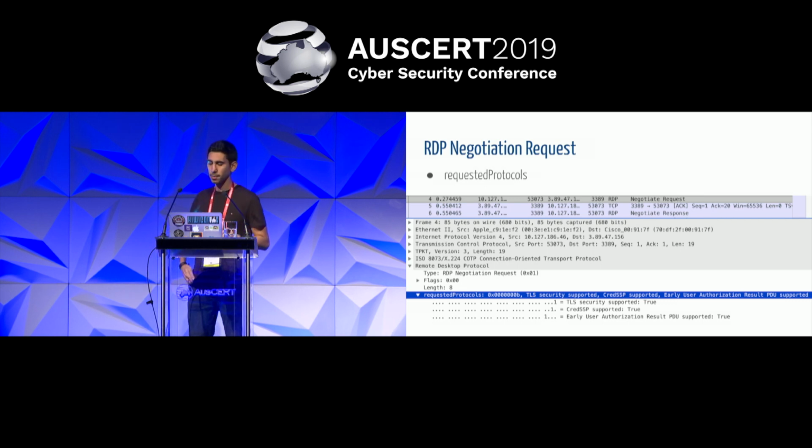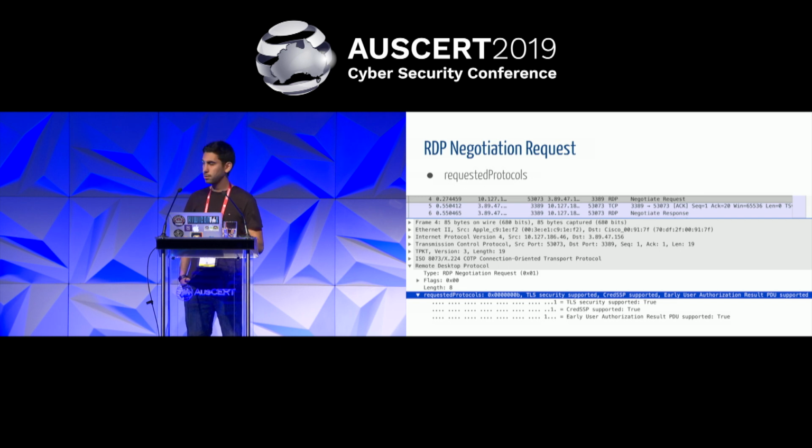The first RDP message we have is the negotiation request. It doesn't matter if you use TLS or the standard RDP security protocol, you always have this negotiation request, and in it there is a requested protocols field.